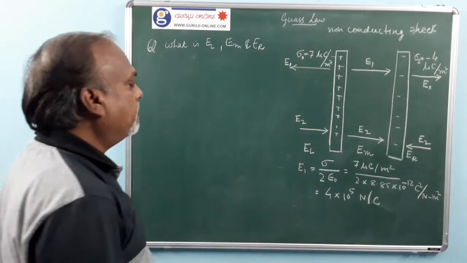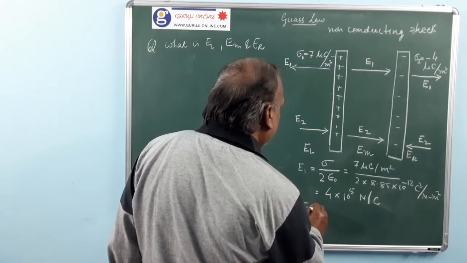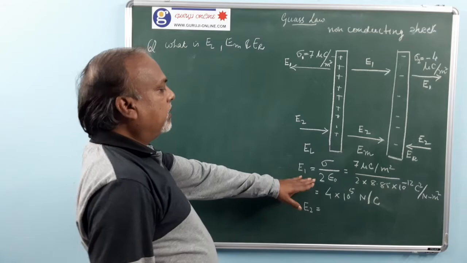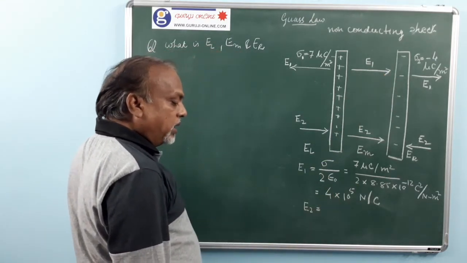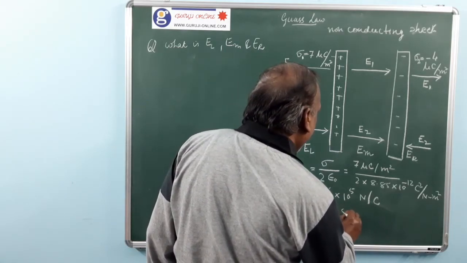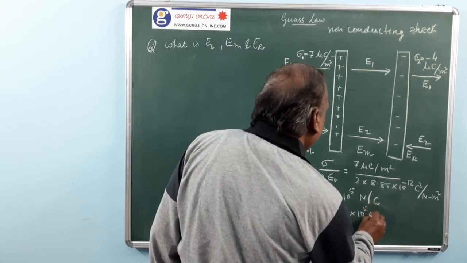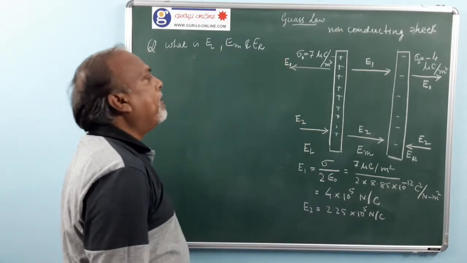Likewise, if you calculate E2, by putting these values, it will come as 2.25 into 10 raised to 5. Correct?